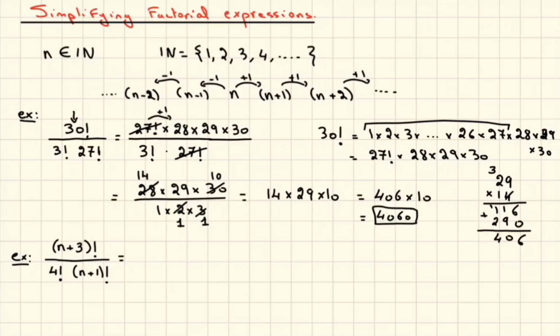So n plus 3 factorial, it's the natural number that comes after n plus 2. Now comparing these numbers, we can notice that n plus 3 is the largest, and the second largest will be n plus 1.